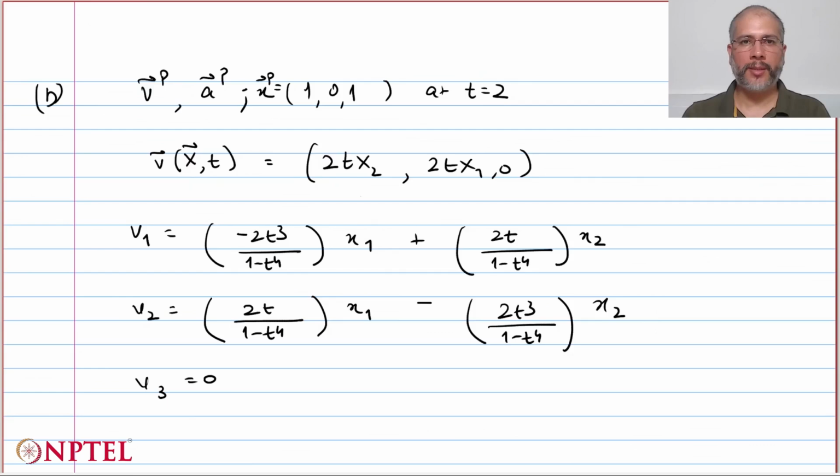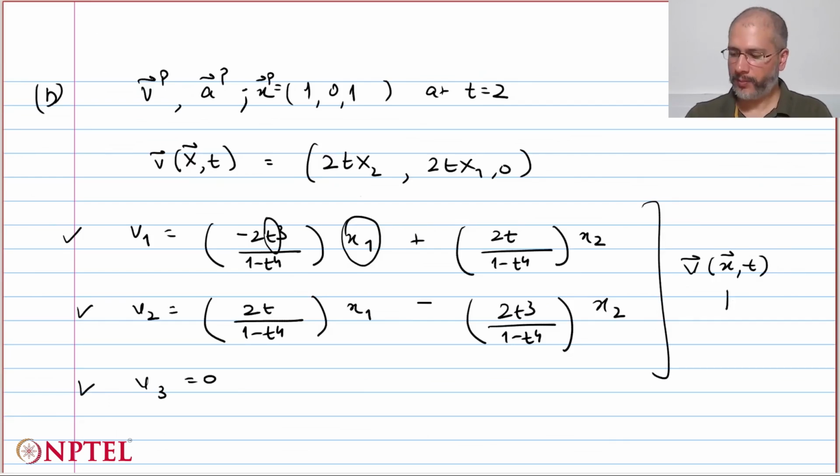So when you do that, and I will let you do it, you will get these three velocity components as a function of time and their spatial coordinates. So with this functional form, if you have the position in space and some time value, you can find the velocity of the particle that is sitting at that position at that time.